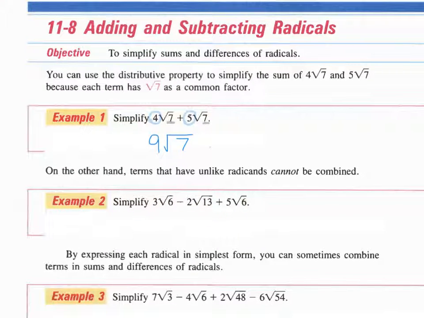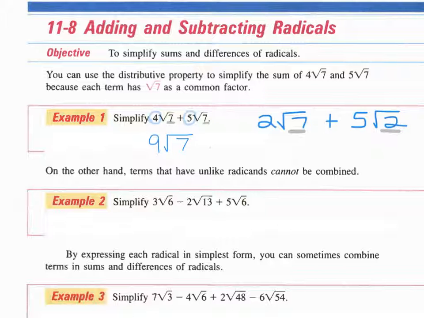Now, if I were given a problem that said 2 square root 7 plus 5 square root 2, I couldn't do anything. That would be simplified because the numbers under the square roots are different. So if it says to simplify and the radicals are not the same, you just leave them apart.